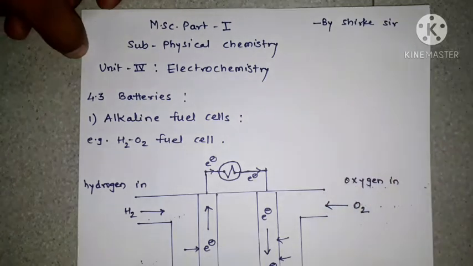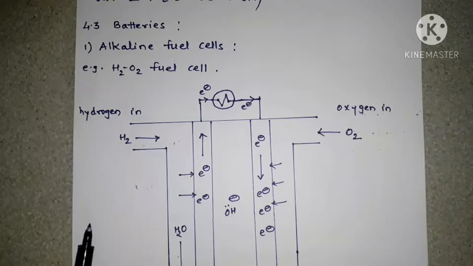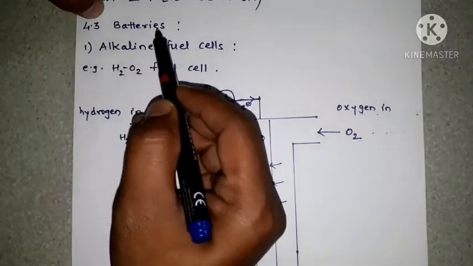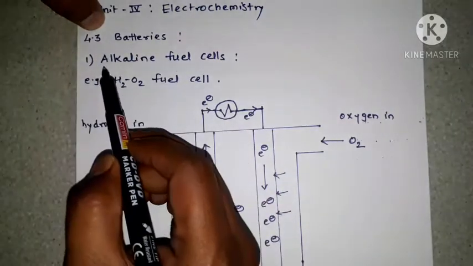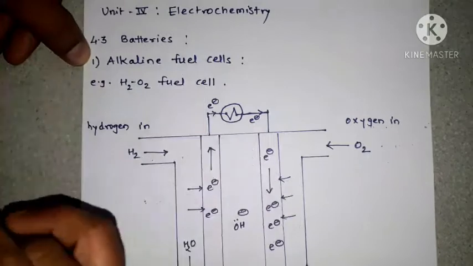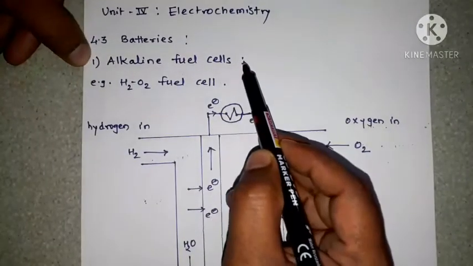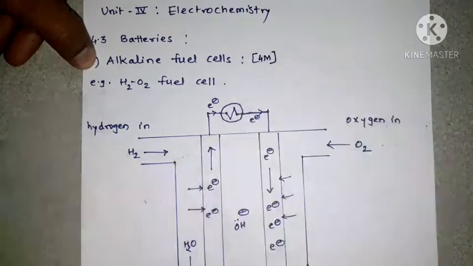Okay, so in the electrochemistry, today we will study 4.3, that is batteries. In the batteries, first cell, that is alkaline fuel cell. It is for 4 marks question will ask in exam.